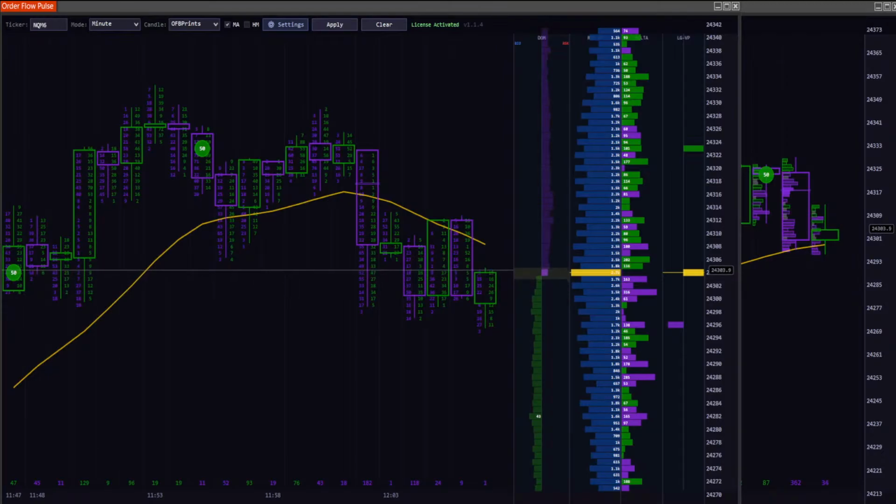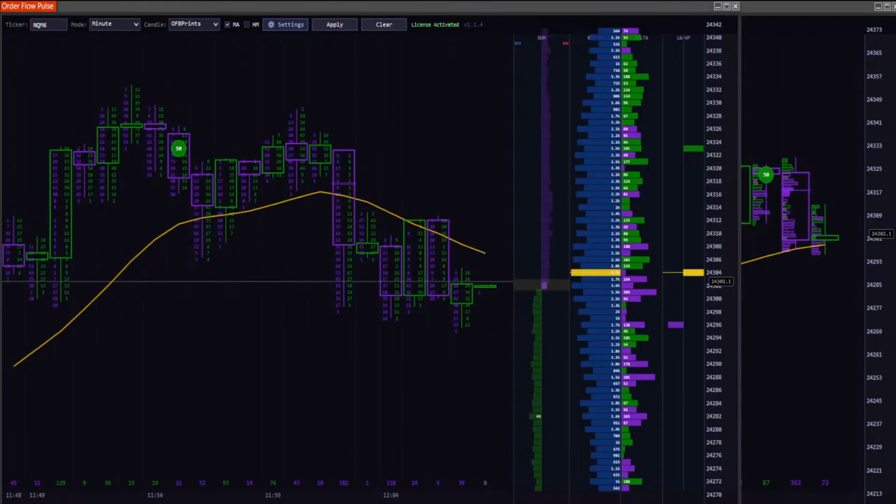We got that large buyer right there, 50 contracts. We're right here at the consolidation area. We've got 362 negative delta on the previous 5 minute. We got the 1 minute kind of negative.